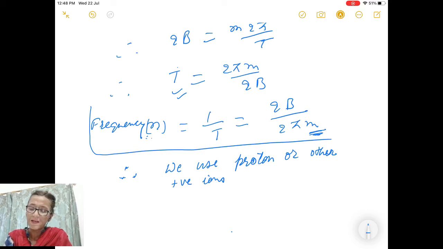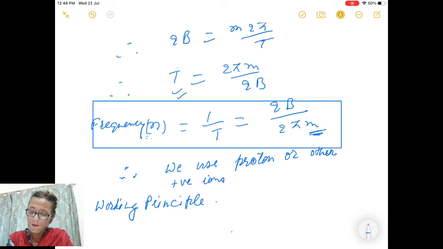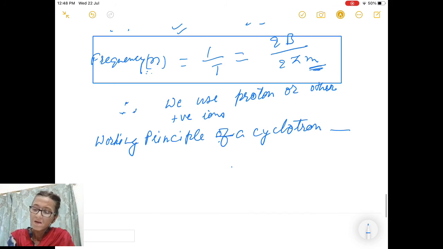Frequency or time period is independent of velocity in a cyclotron.